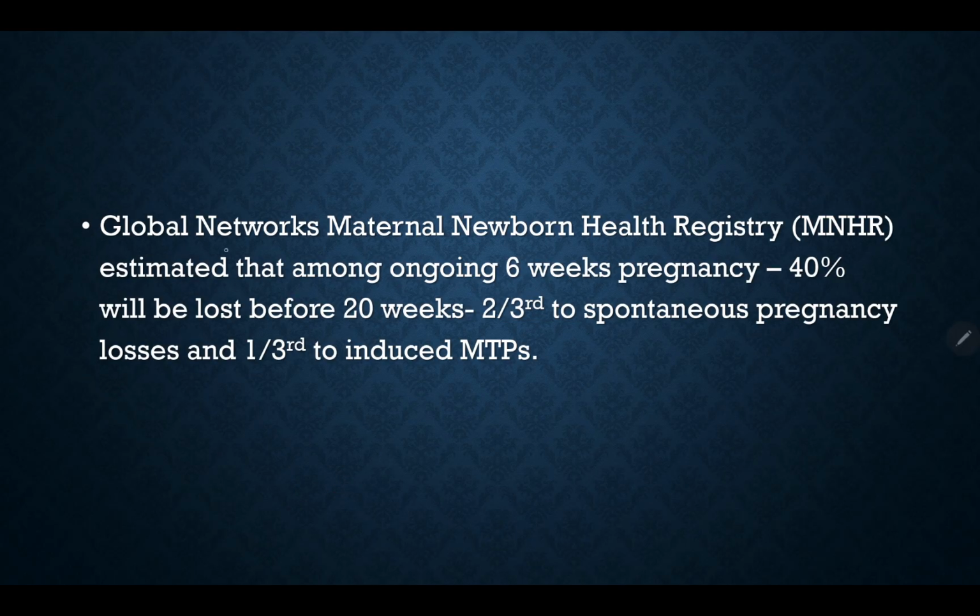Now, in India, the Global Network's Maternal Newborn Health Registry, which is MNHR, estimated that among ongoing 6 weeks pregnancies, if we take 1000 women who are at their 6 weeks of pregnancy, almost 40% will be lost before 20 weeks. This is a very important figure.